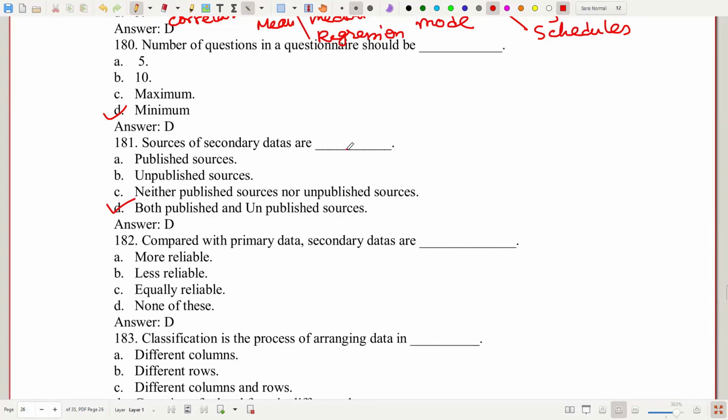Here we can say for the published, we have technical and trade journals. Another one, that is the government publications.